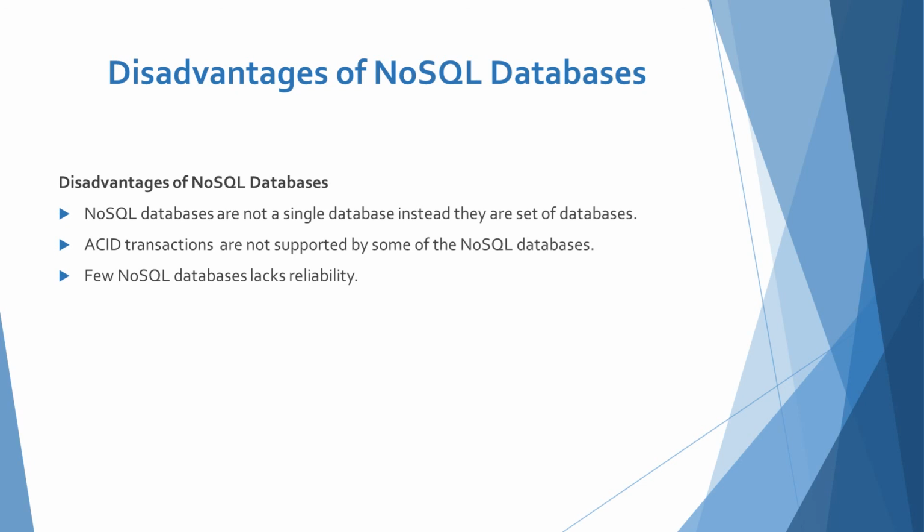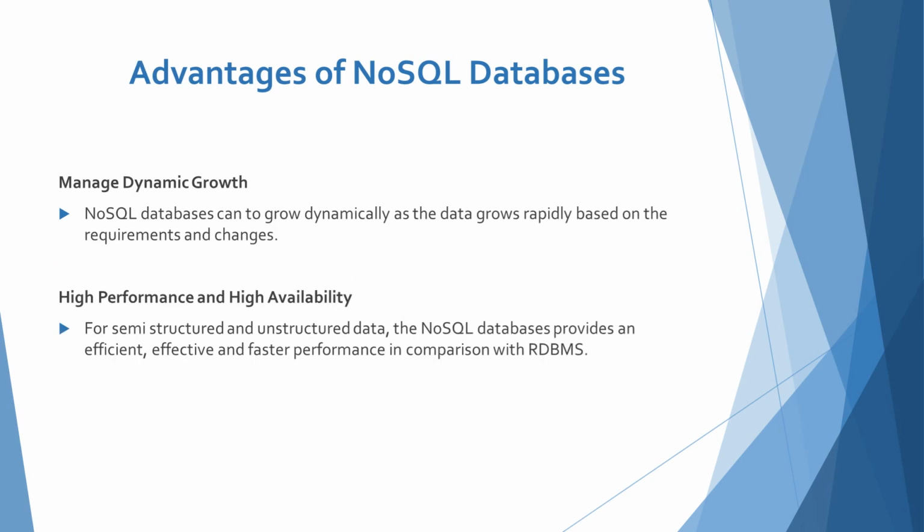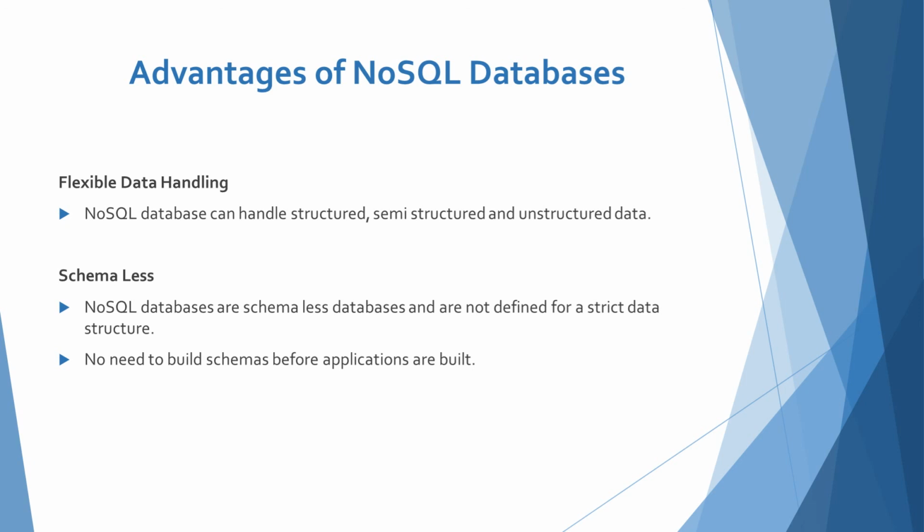In MongoDB, we have flexible data handling and schemaless design, and it can handle data dynamically. It has high performance, high availability, auto failover and horizontal scalability. So these are the main advantages of MongoDB. That is the reason most organizations nowadays are migrating from ODBMS to the NoSQL MongoDB database. That is the reason MongoDB is very popular nowadays, and many organizations want to use MongoDB for their applications.